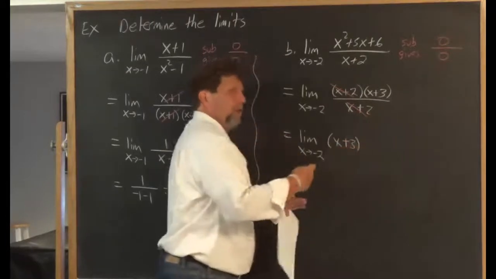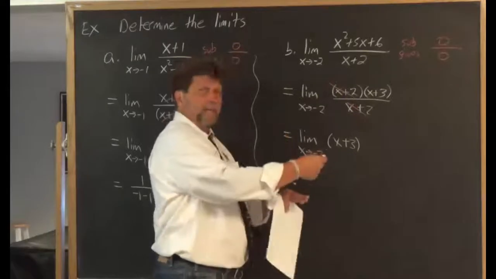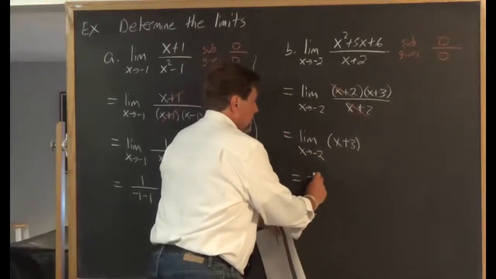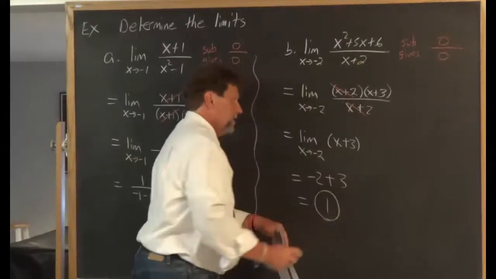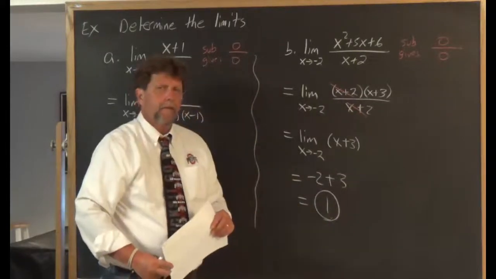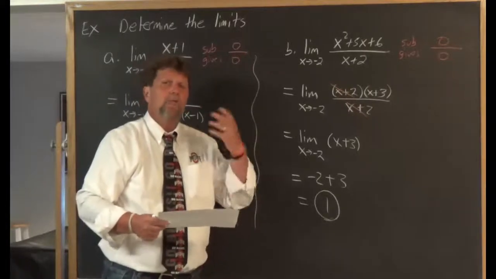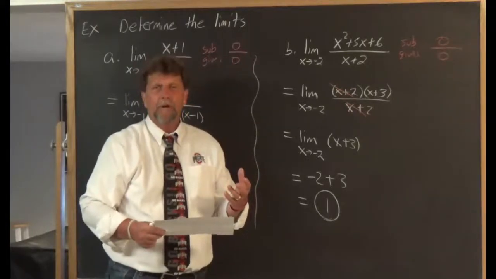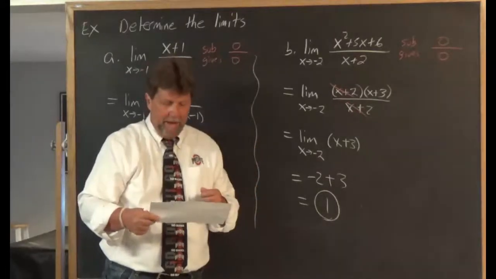I don't have to write that over 1. Now we can substitute, and we get the limit is 1. So you're going to see this about 80% of the time, I would say, roughly. You try substitution, you get the indeterminate form 0 over 0, so then you need to do some algebra magic.